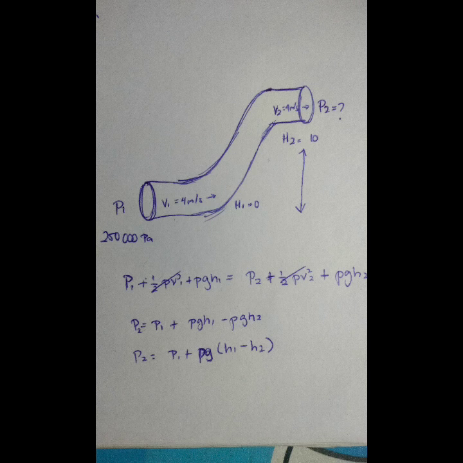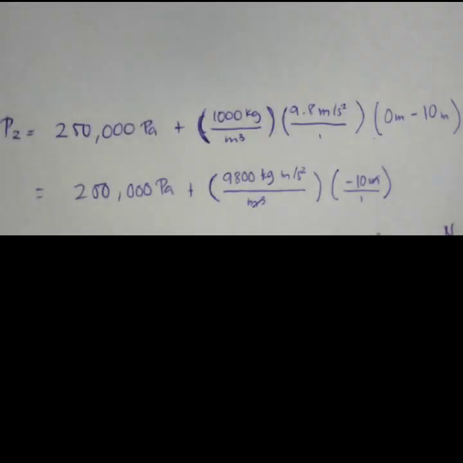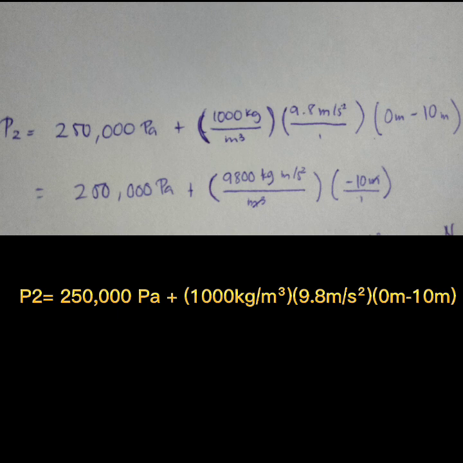In simple form, P2 equals P1 plus PG multiplied by H1 minus H2. Then we just substitute. P2 equals 250,000 Pascal plus 1,000 kilograms per cubic meter multiplied by 9.8 meters per second squared multiplied by 0 meter minus 10 meter.